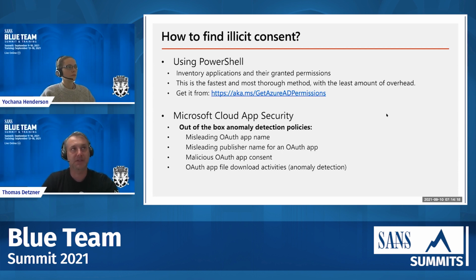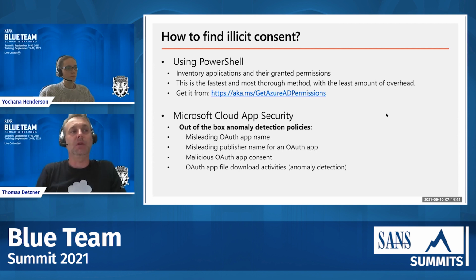For the specific scenario here, you will want to have a look at the malicious OAuth app consent detection. This detection leverages the Microsoft Security Graph. It gets signals from various different sources, and we check if the app is requesting too high permissions, and then flag them as such.